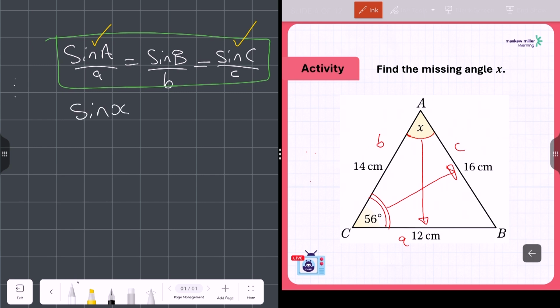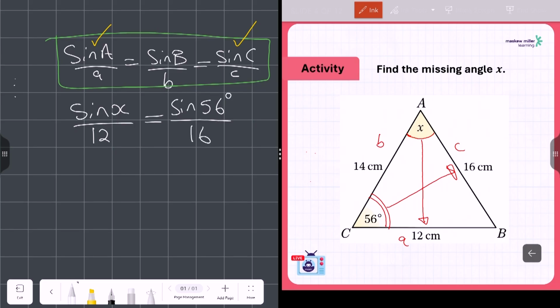It's x. And our side that is opposite angle A is 12 centimeters. That is going to be equal to sine of our angle C, which is 56 degrees. Remember to write the degrees when you're talking about the angles. Then that is divided by 16 centimeters.